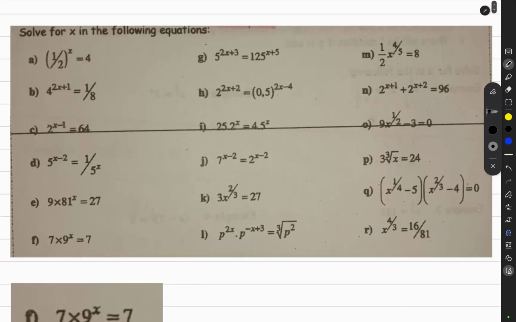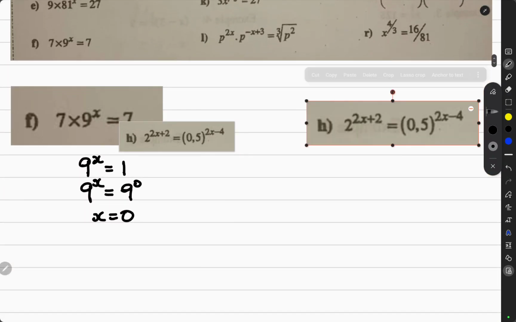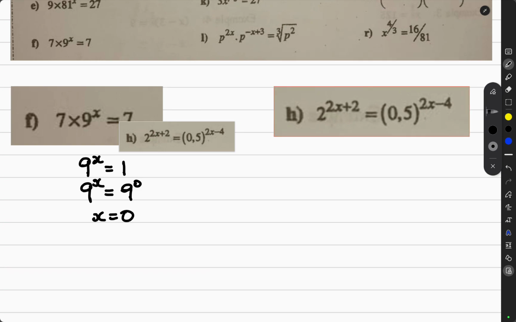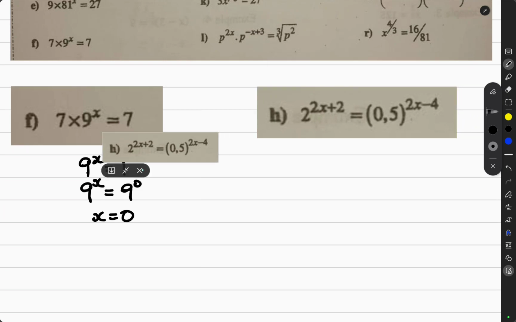Let me move on. Let me go and take H. Okay, for H, please make sure that you have the same base on both sides, left and right.